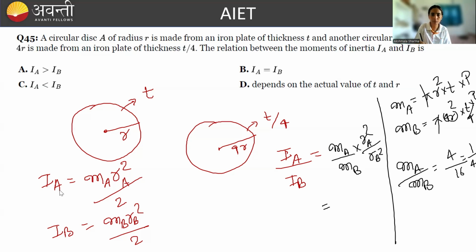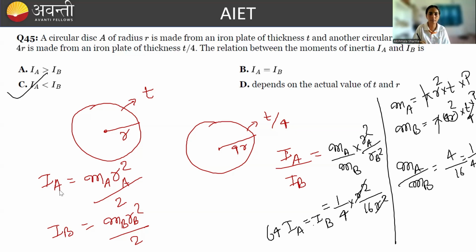MA by MB is equal to 1 by 4. RA is R squared, RB is 16 R squared. So this is 64. IA is equal to IB by 64. So IB is greater than IA. So IA is less than IB. So the correct answer will be C.